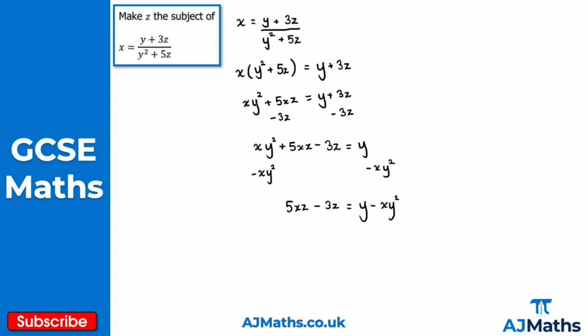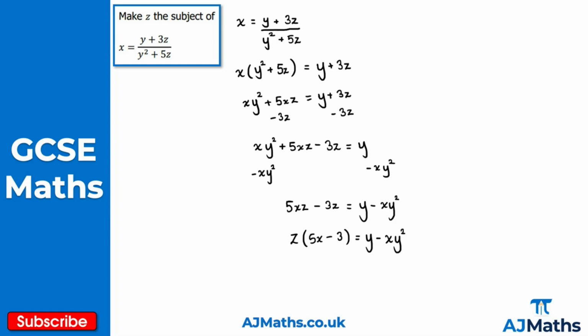So from here now, we're looking to make z the subject. So what I want to do now is factor the z out here on the left hand side. We'll get z lots of 5x minus 3, and that's all equal to y minus xy squared, like so.